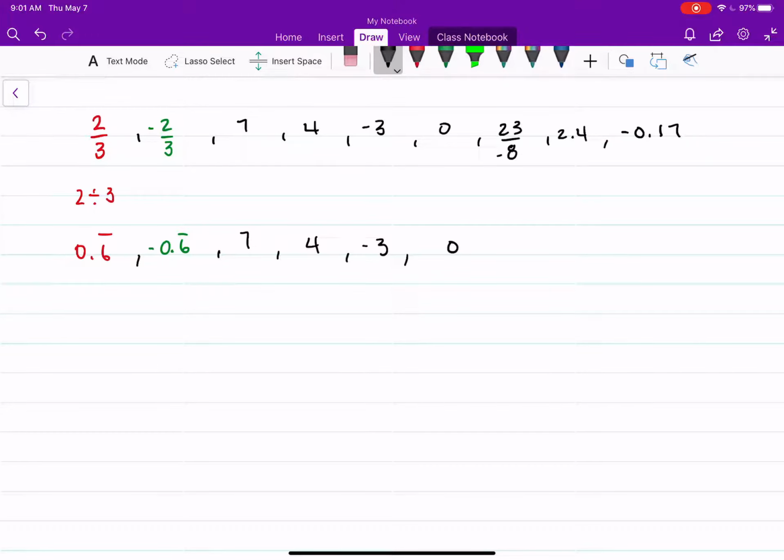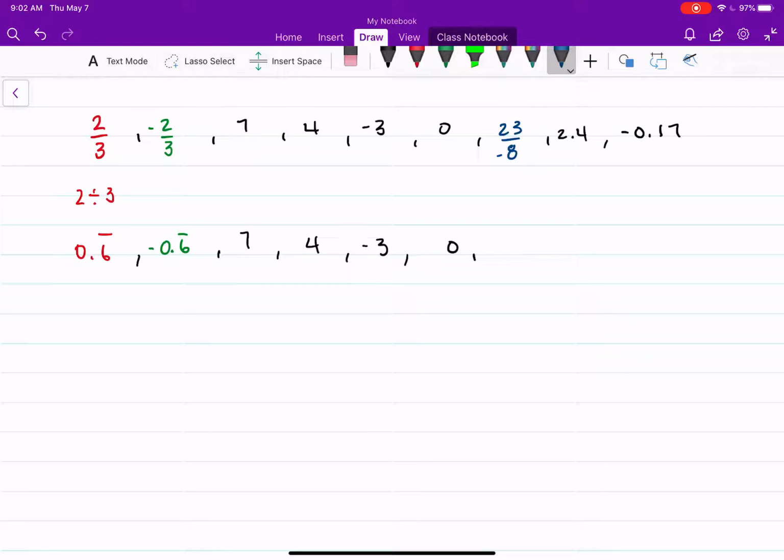What is 23 divided by negative 8? So 23 divided by negative 8 is going to be, so let me do this here, lasso, take this, and let's pick blue, okay?